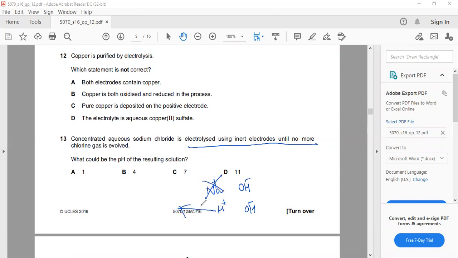H plus discharges. Chloride also discharges, H plus also discharges. What is left? NaOH is left. OH ions left means it is alkaline. Alkaline means pH should be above 7. Which option is above 7? D, because OH is basic.